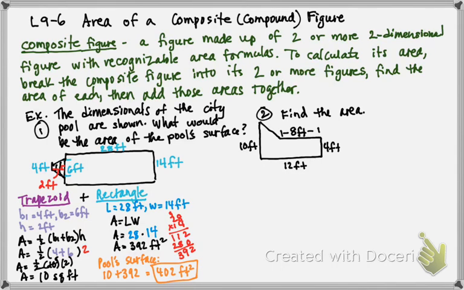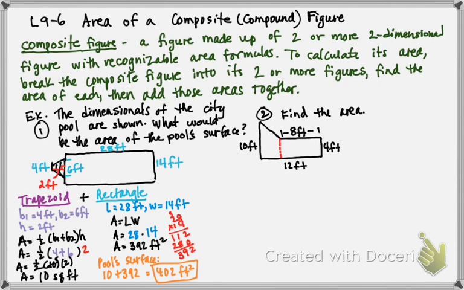So the first thing I need to do is to decide how to figure out the area of this shape. I actually see a couple ways I can do it, but I'm going to break it down into the same 2 shapes that we had in the first problem. So I'm going to draw a vertical line, and that's going to separate the boot part from the calf part of the shape.